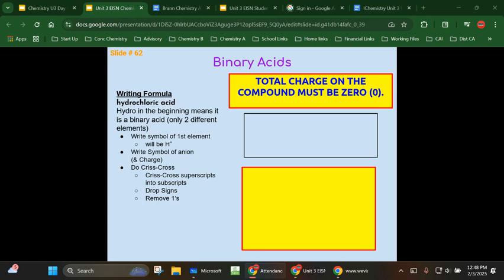Hydro means that it is a binary acid. And then underneath it I would write no hydro means that it is a ternary acid. If you do not see the word hydro, it means it is a ternary acid.